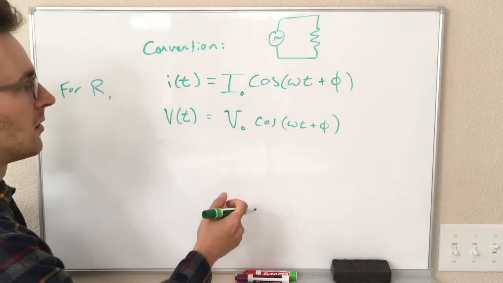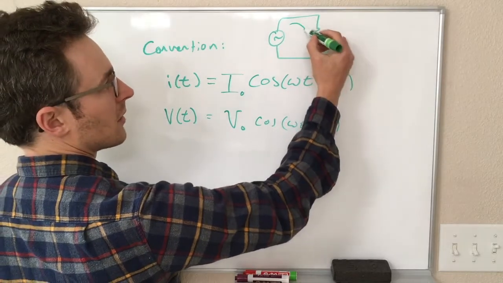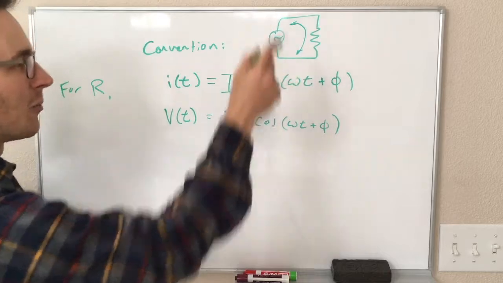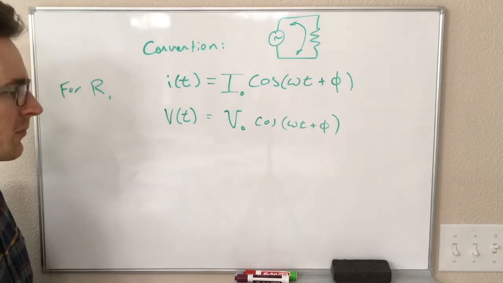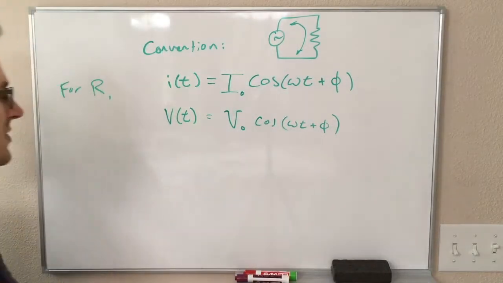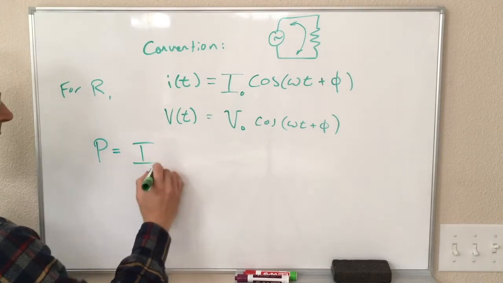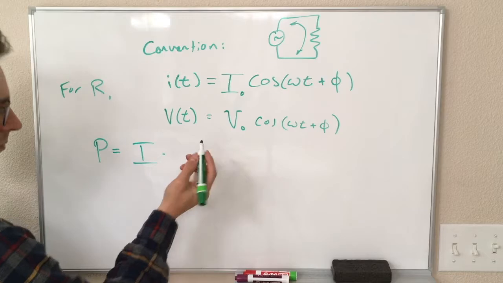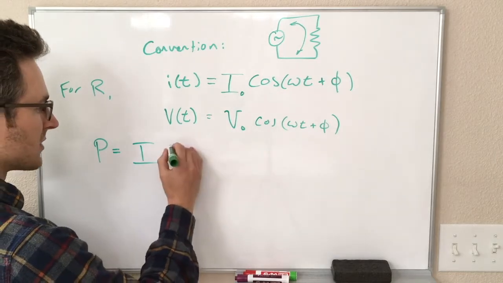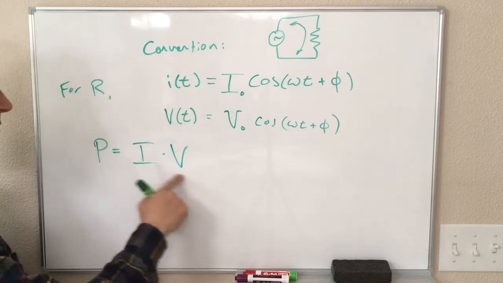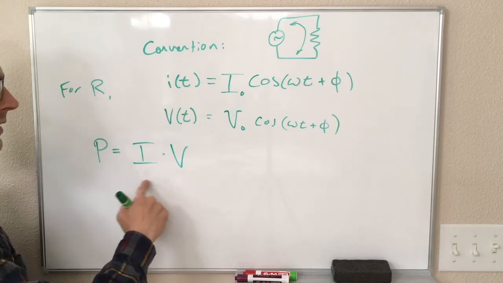So in this case, we have this current that is sometimes going clockwise, sometimes going counterclockwise, passing back and forth through our resistor. And the power dissipated by the resistor is going to be the current through the resistor times, well, this is what we learned in DC circuits, the voltage across the resistor. But now, of course, these values are varying in time.